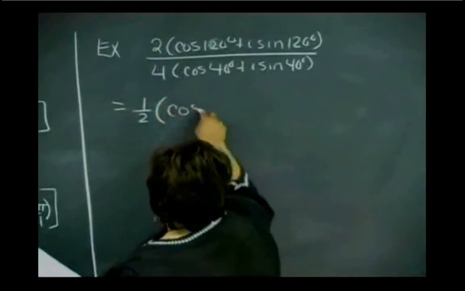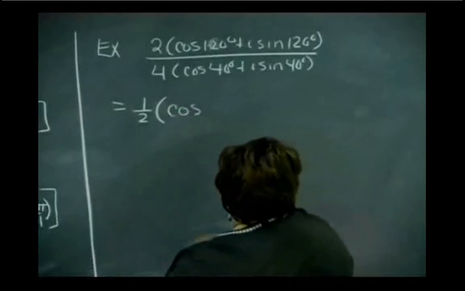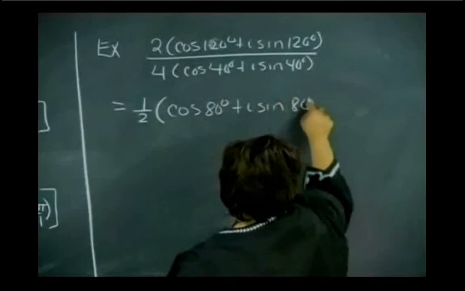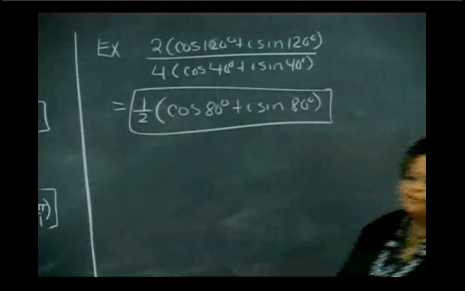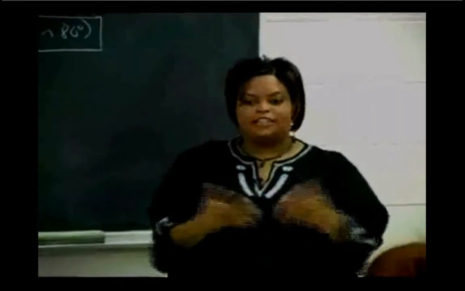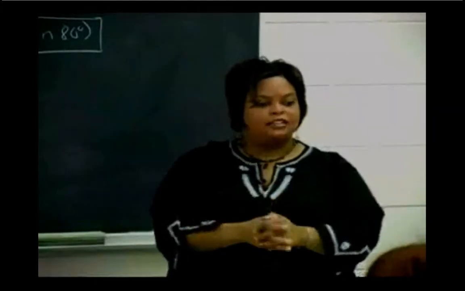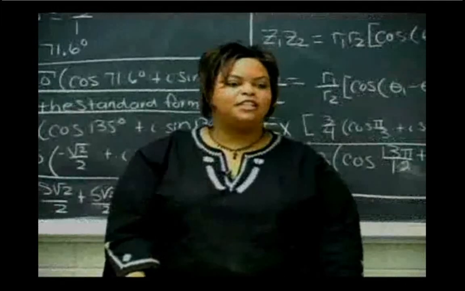And then we subtract. 120 minus 40 is 80. Okay? And that's all there is to this multiplying and dividing. You multiply your corresponding constants and add your angles when you're multiplying. When you're dividing, you divide your constants and subtract the angles. This is this unit here. We'll start another unit next time.